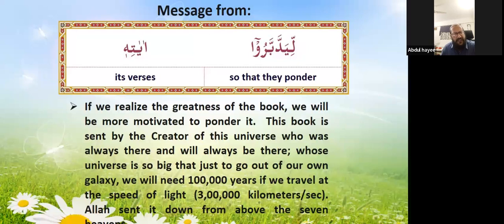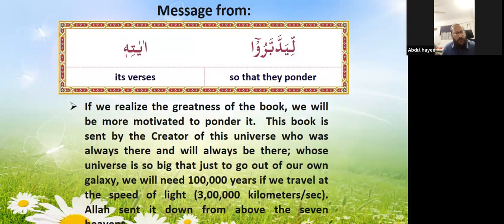Our galaxy is a very small part of the universe. There are millions and trillions of galaxies, and each galaxy has millions of trillions of stars. The sun is a star, and our solar system is one teeny part of the galaxy.